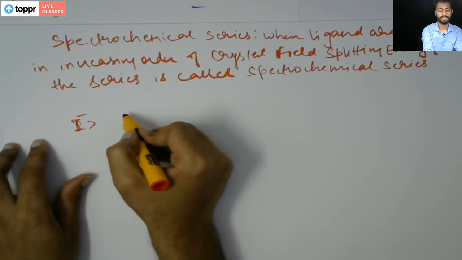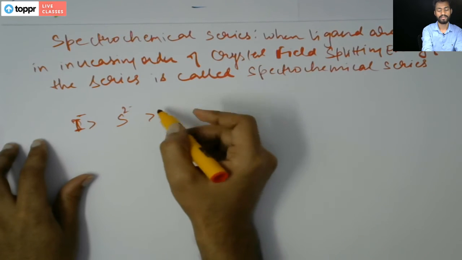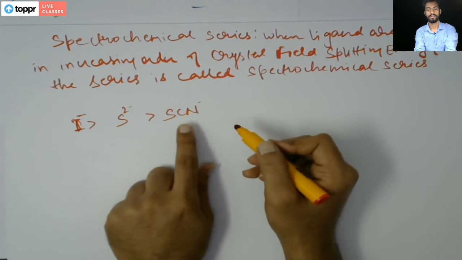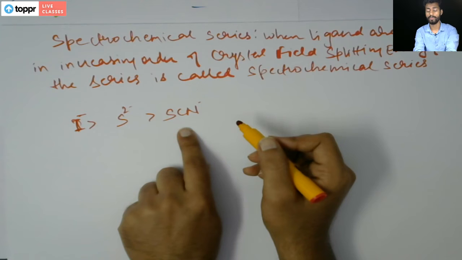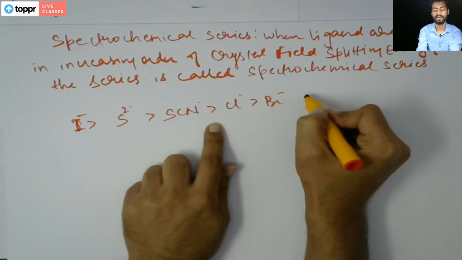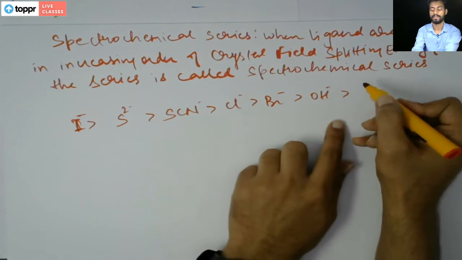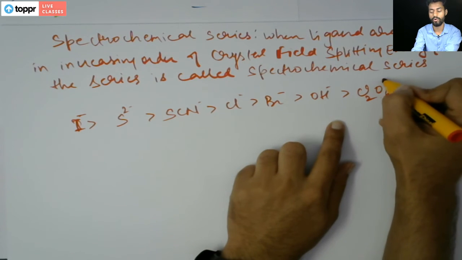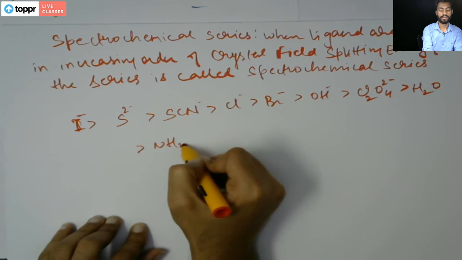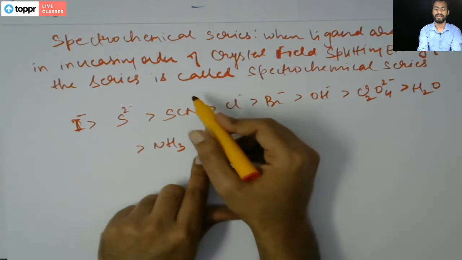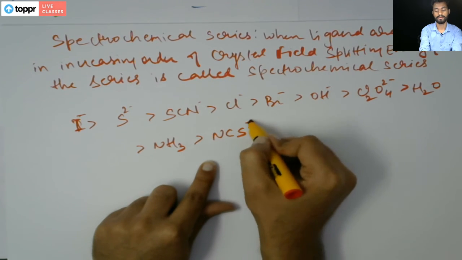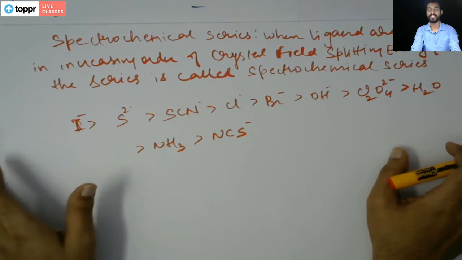I minus, then will come S2 minus, then we'll have SCN minus, thiocyanate, Cl minus, Br minus, OH minus, oxalate, C2O4 2 minus, H2O, NH3, and in the end we have isothiocyanate, NCS minus. So this is all about spectrochemical series.